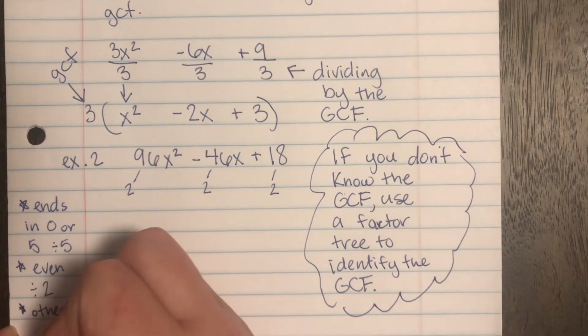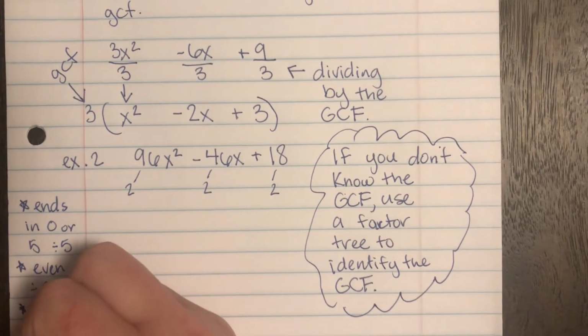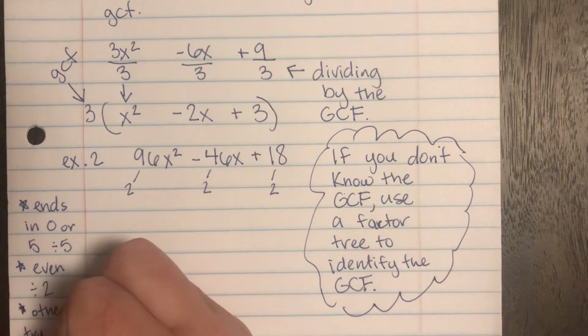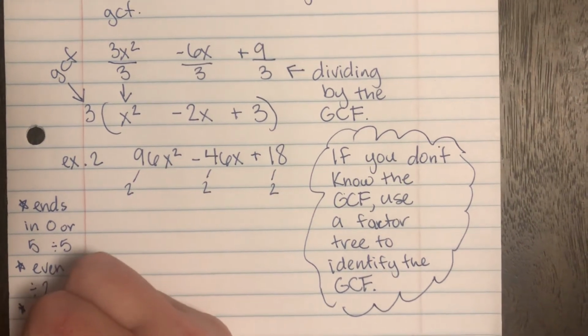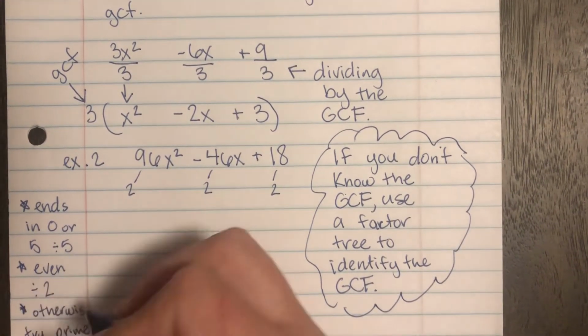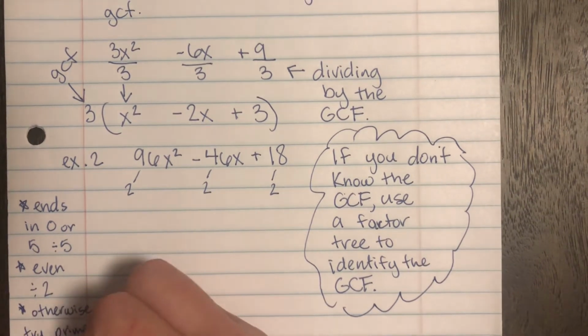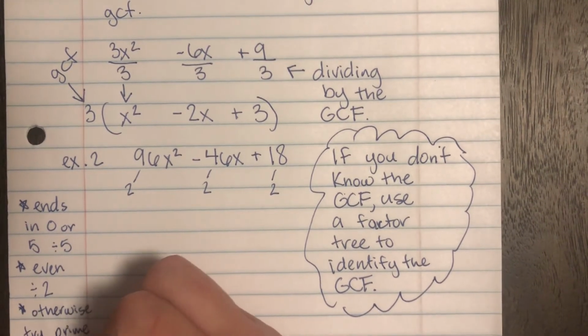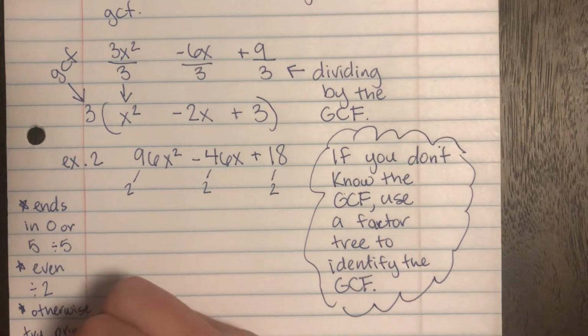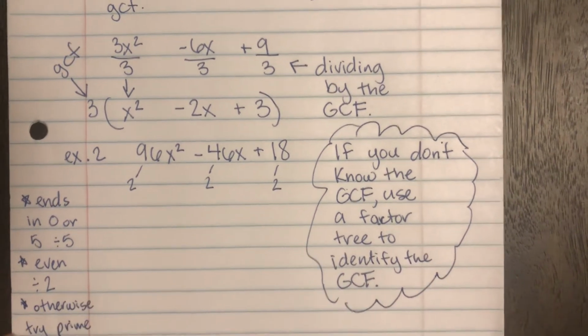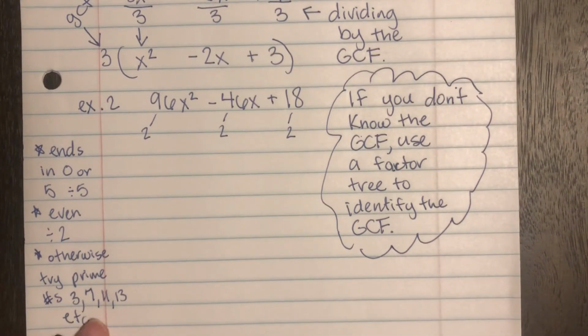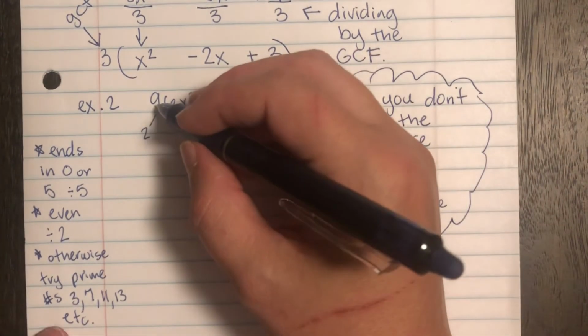Like 3, we've already tried 5, that one wouldn't work, 7, 11, 13, etc. Typically if you try 3, 7, or 11, sometimes 13 might be in there, but typically these will start bringing out other factors. All right, so let's keep going with this problem.